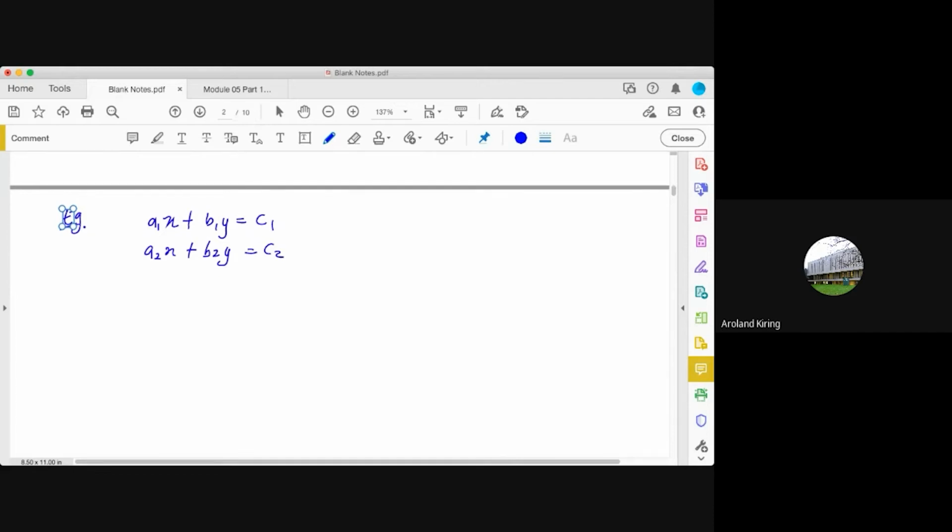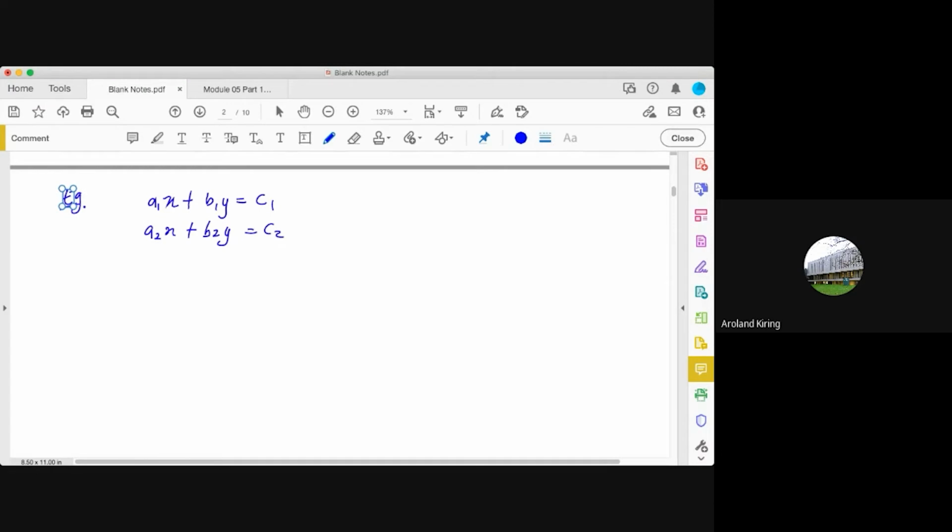So we have two equations with two unknowns, x and y. Our solution is C1 and C2. We're going to identify what values to put into x and y in order to satisfy our solution C1 and C2. The values of x and y that you can choose from will give you different solutions.